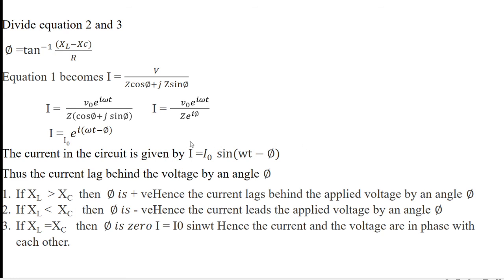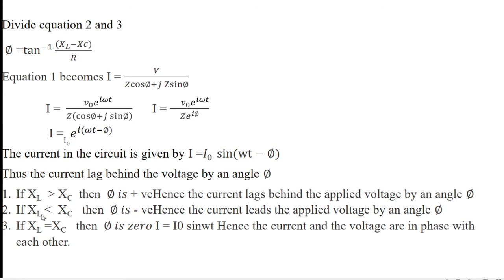Suppose in the circuit, the inductive reactance is greater than the capacitive reactance. Then in the equation, phi becomes positive, which means the current lags behind the applied voltage by an angle phi, or in other words, the voltage leads the current by an angle phi.